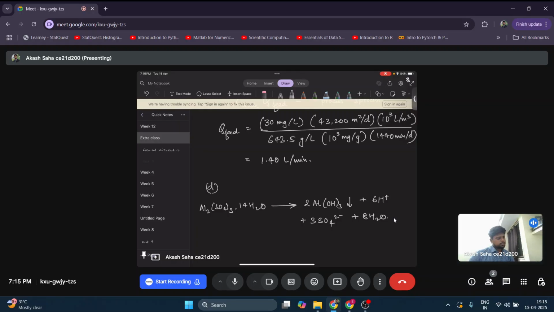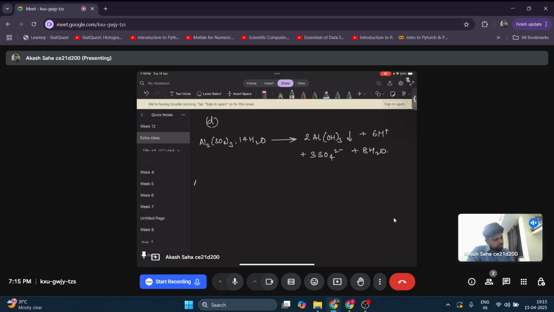This is the overall equation. From here we can find out the alkalinity consumed, and also the precipitate formed.